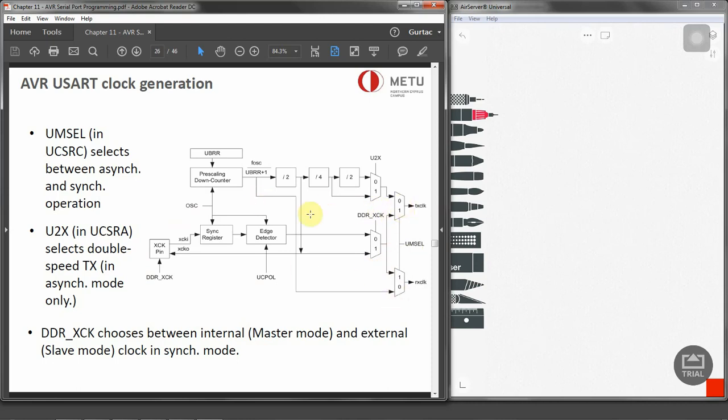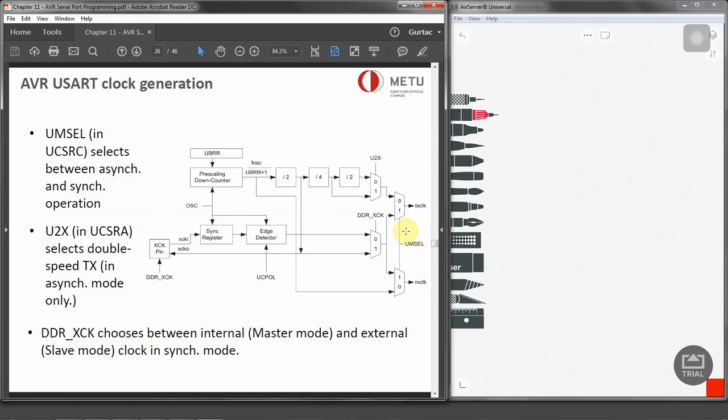If it is 0, we are going to use asynchronous operation, where we need to calculate the baud rate from the baud rate generator and feed it into the TX clock and RX clock. Okay, so the formation, I think, is pretty straightforward. The multiplexer is actually helping us to decide if we want to use the synchronous mode when it is 1 or asynchronous mode when it is 0.